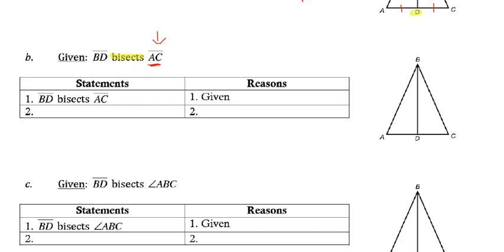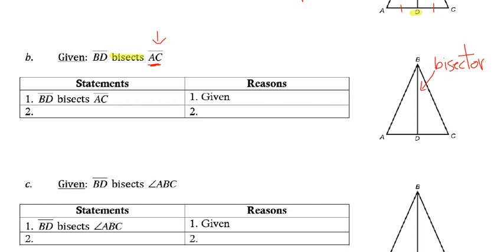So I come to my diagram and BD bisects AC. So our segment BD, that is the bisector, that is what is cutting the other one, and the other one that is being cut is AC.